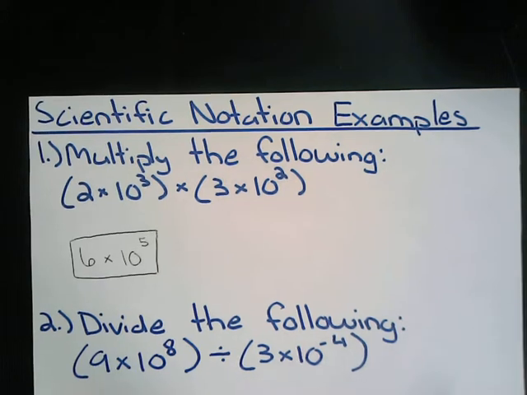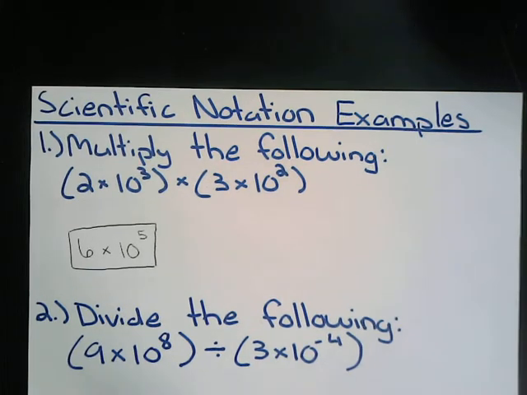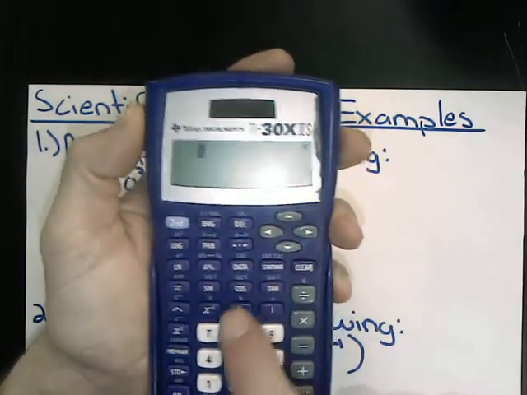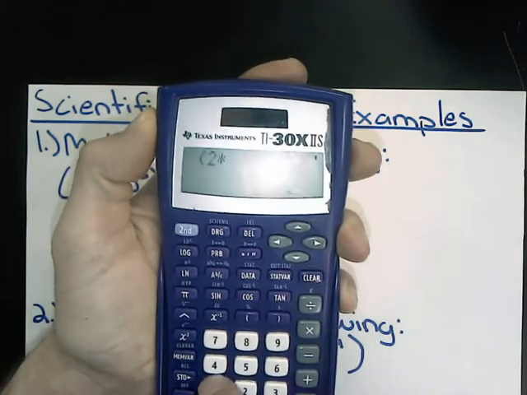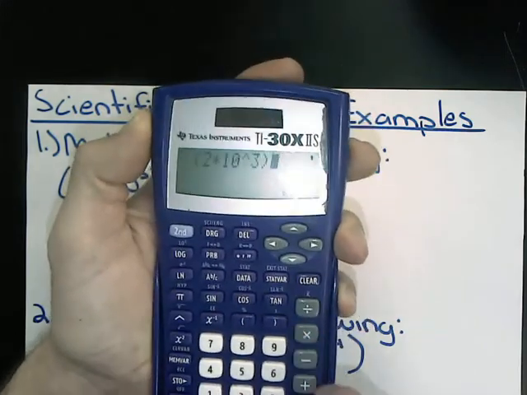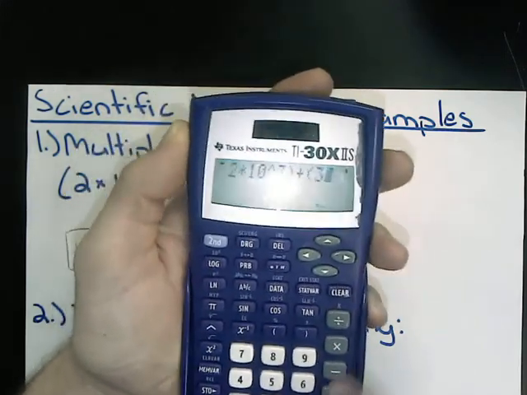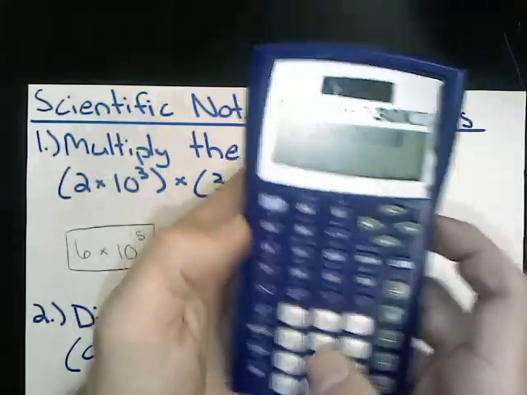Okay, so now let's double check ourselves, and then we will go down to that next problem. So again, what we have here is 2 times 10 to the third times 3 times 10 to the second. We press enter.